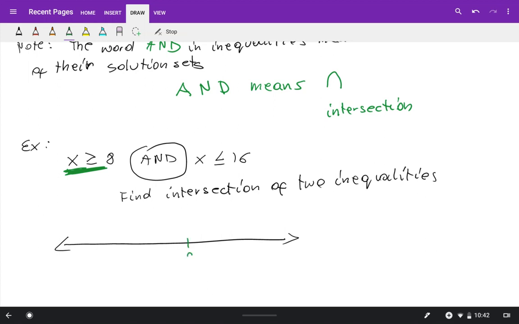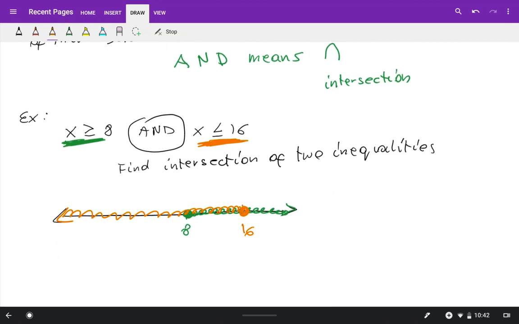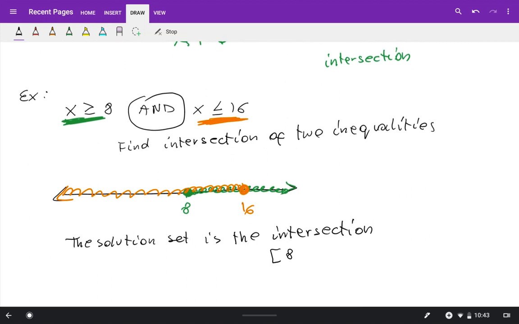So x greater or equal to 8, this is 8. We're including 8 and we're shading everything to the right. Okay, in orange, it's going to be the inequality x less than or equal to 16, so I'm putting 16. We're including 16 and we're shading everything to the left. Okay, so the intersection, and means intersection, so the solution is the part which is overlap. So we have 8 to 16, both in brackets, because we're including them.